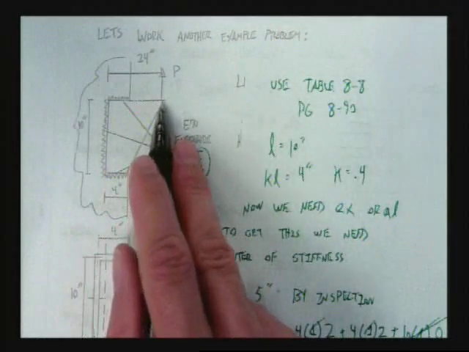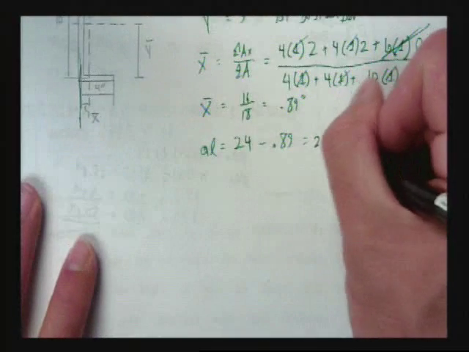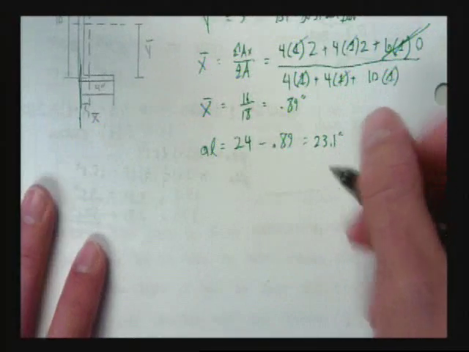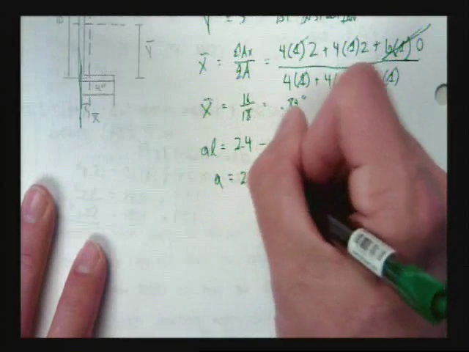I'm going from here all the way to 24 and then back a little bit to find my centroid. You get 23.1 if you do that. So my A is equal to 2.31.